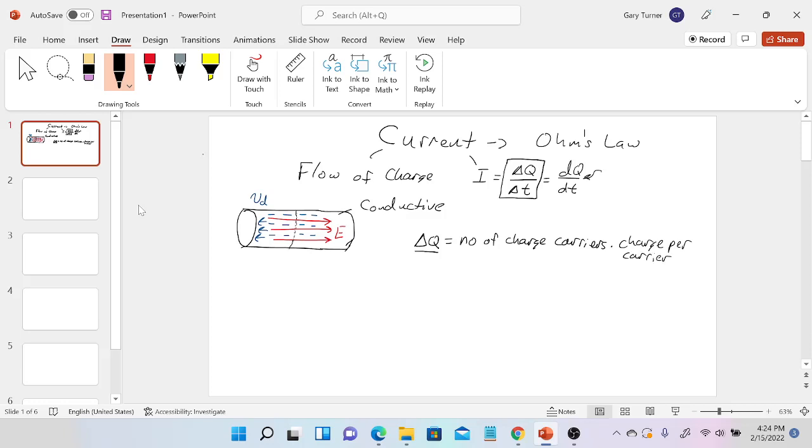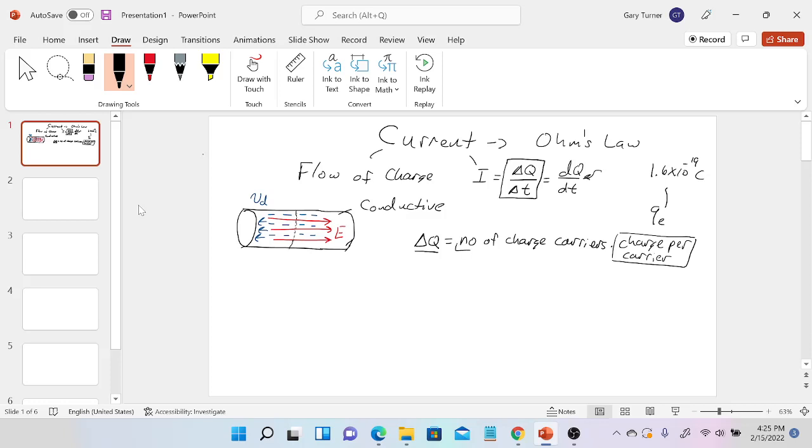Now, if my charged particles, my individual charge carriers are electrons, then the charge per carrier is going to be the elementary charge on an electron, right? And remember that that is 1.6 times 10 to the negative 19 coulombs, okay? Now, what about the number of charge carriers?